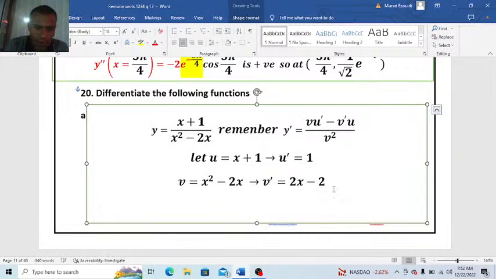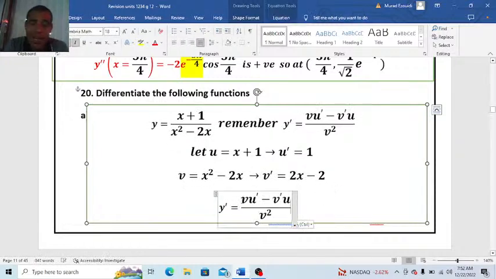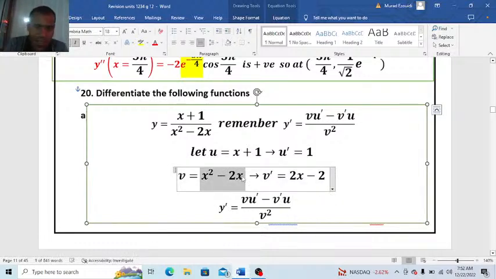Therefore y dash, which is the first derivative of the function, is v. I will apply the formula as it is.